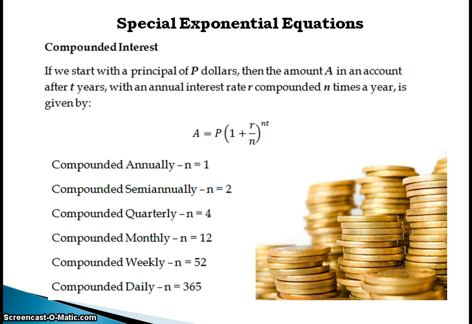Another example is if it's compounded quarterly, then that means it's compounded 4 times a year, and N would be 4, and so on. As you take notes on this slide, make sure that you have these values of N, the number of times a year, well documented in your notes and that you understand them. So pause now and take notes on this slide.